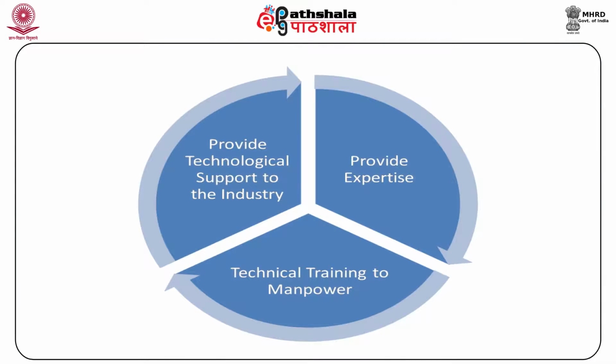Apart from setting up national laboratories, it also includes many other specialized R&D centers, universities, IITs, and various academic institutions that continuously provide different functions, such as: number 1, they provide expertise; number 2, they provide technical training to manpower; number 3, they provide technological support to industries.